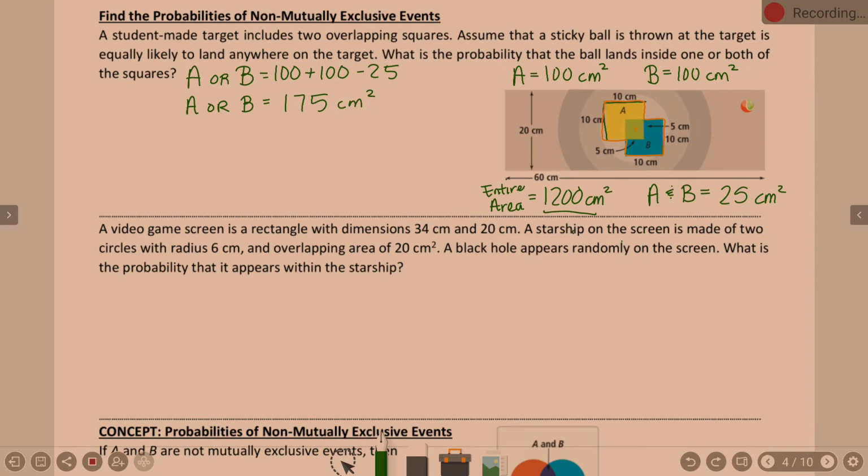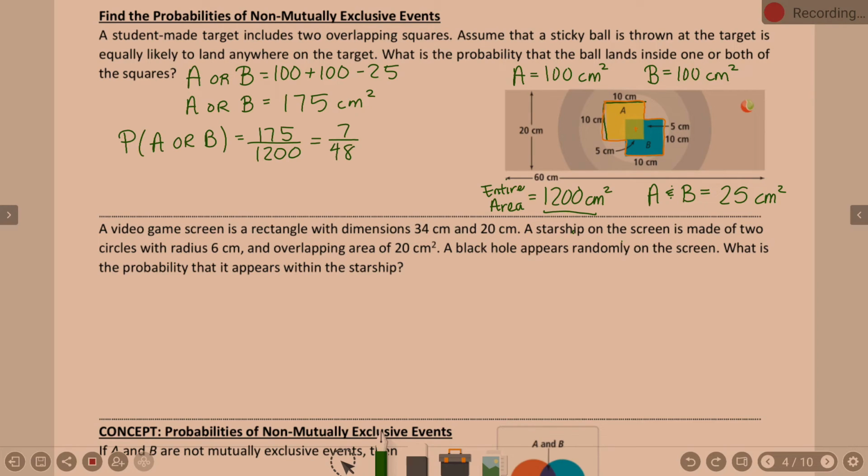So the probability of A or B is 175 over 1200. I need a better form of that though. Did you want to simplify? Yeah. Okay, 7 over 48. If you divide by 25s, it is 7 over 48.